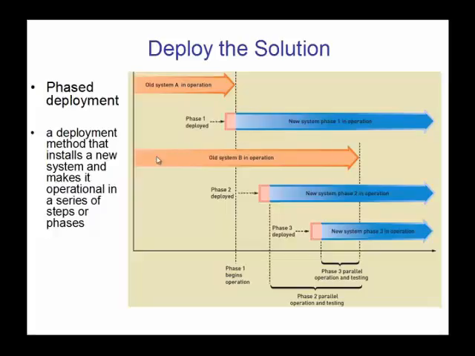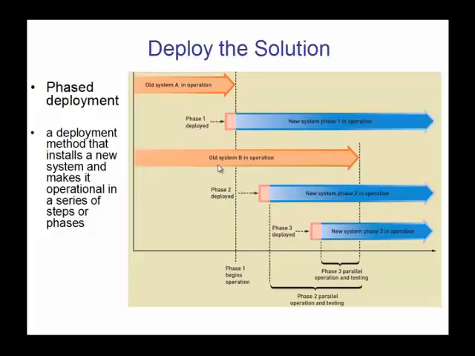However, we've decided that there's a little bit more risk with old system B, and so we decide to implement the replacement for the parts of old system B in two different phases. And in each case, we'll use a little bit of parallel deployment.